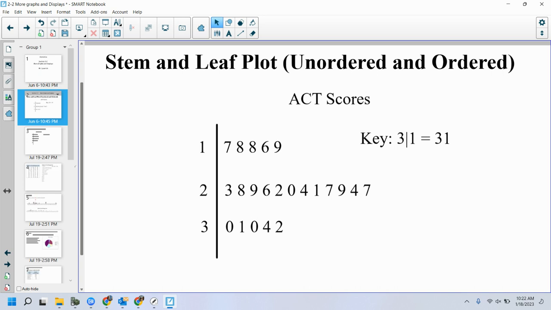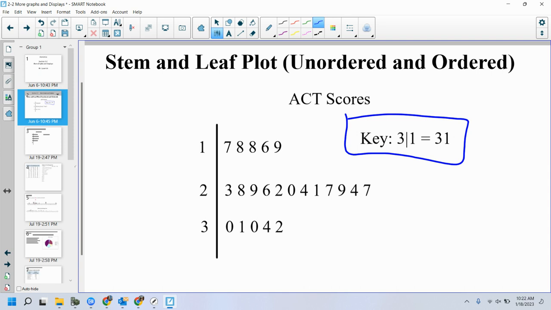We have our stem and leaf plot here. So maybe this is a set of ACT scores, where we have, think about stems and leaves. The stems are the tens digit and the leaves are the ones digit. It's always good to make sure that you write a key in your stem and leaf plot.